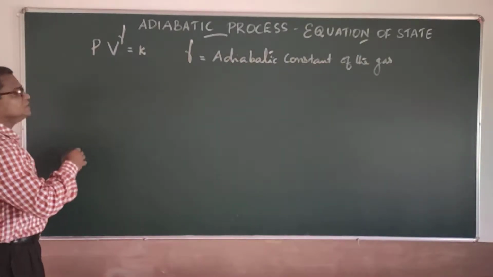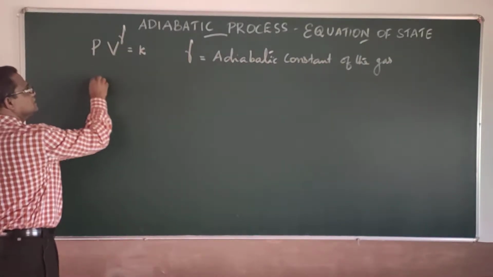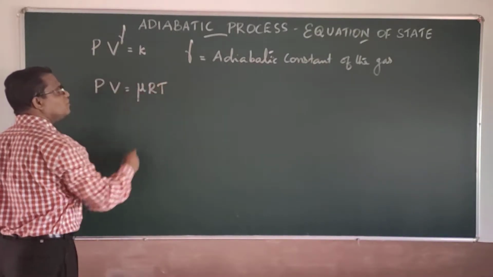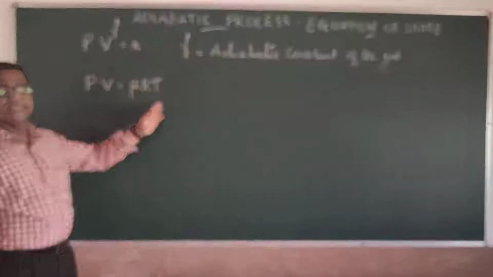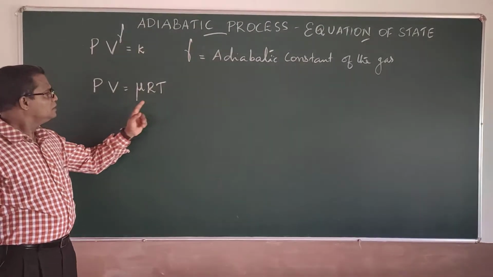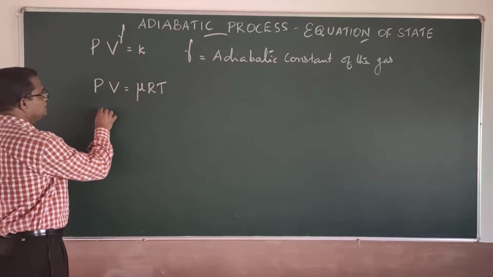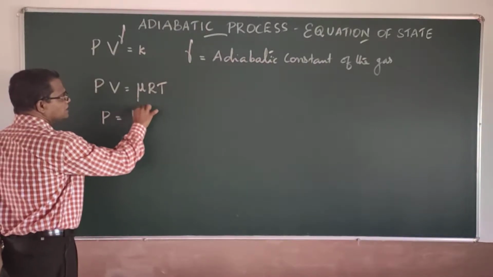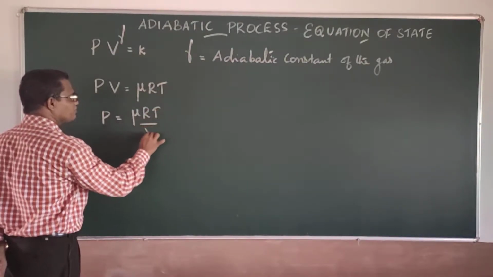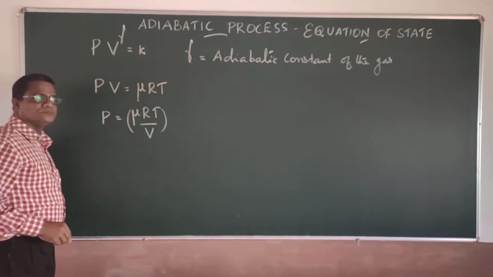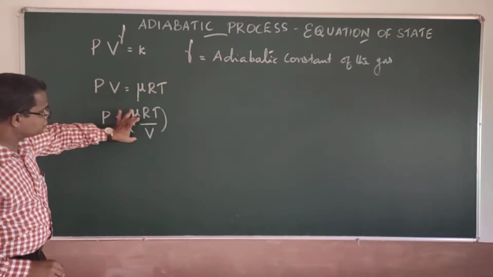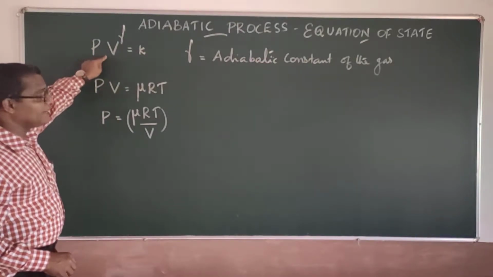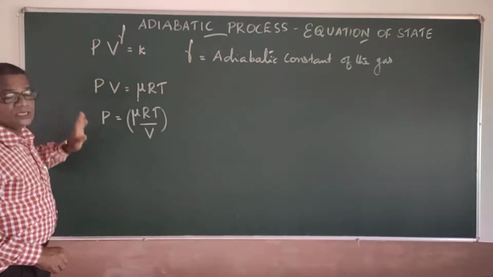For example, suppose I consider the case PV equal to mu RT, the basic gas equation. Then I take pressure P equal to mu RT by V. Now I take this pressure equation into this one so that I can have this pressure removed.